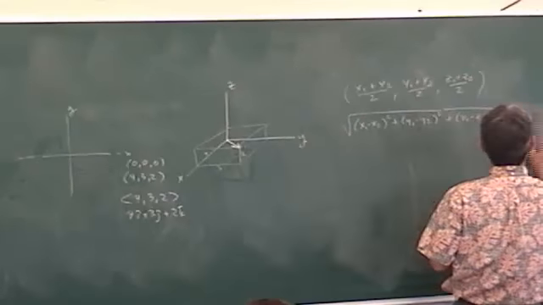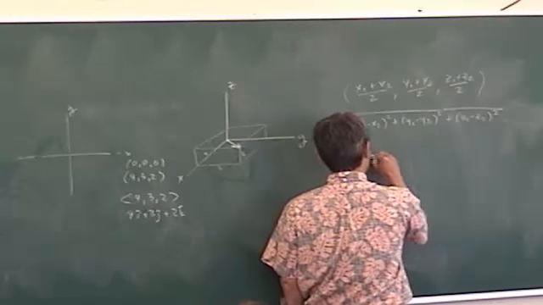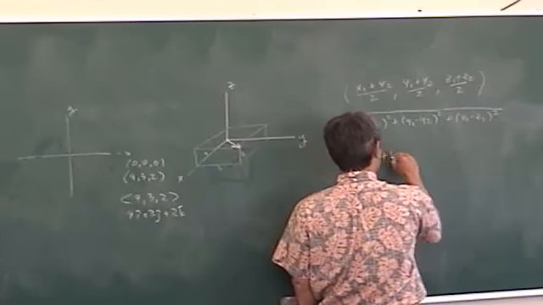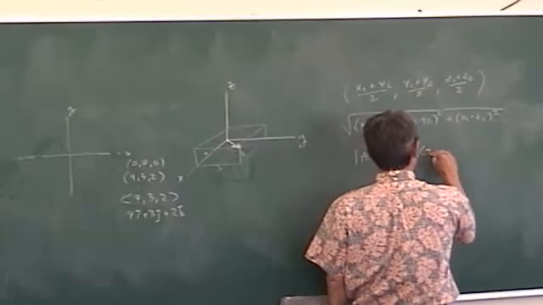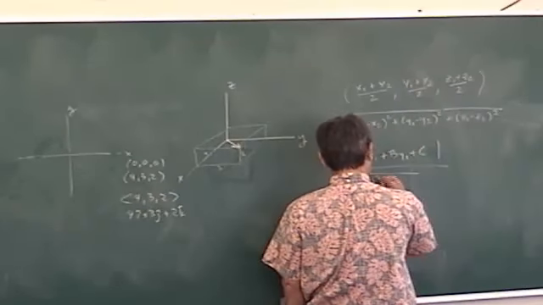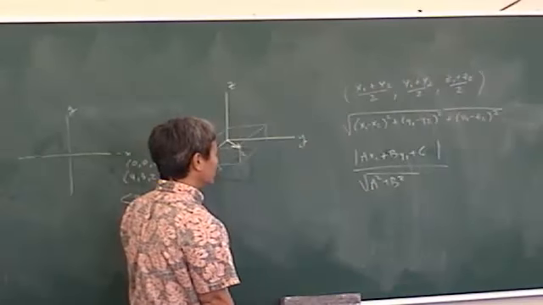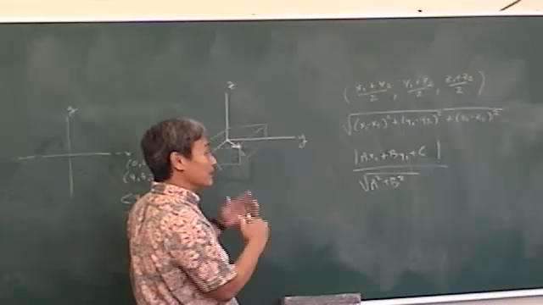Are we getting the hang of it? What's this formula? That's the distance between a point and a line.